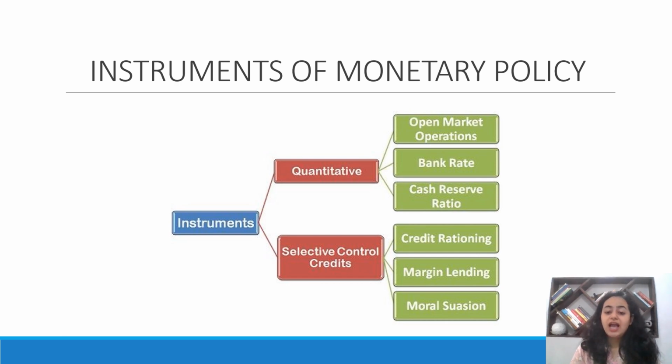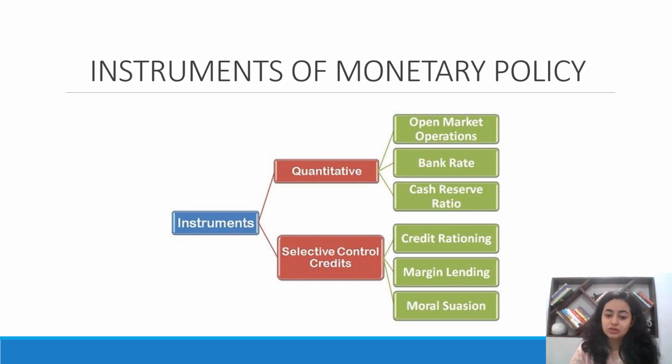Credit rationing and margin lending are two again loan-giving policies. Credit rationing is basically wherein the central bank asks the commercial banks to ration their credit or give credit to selective people or selective sections of the society.